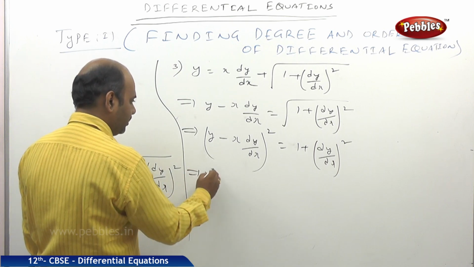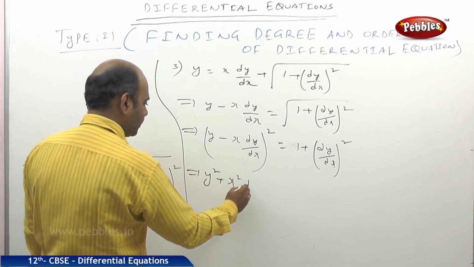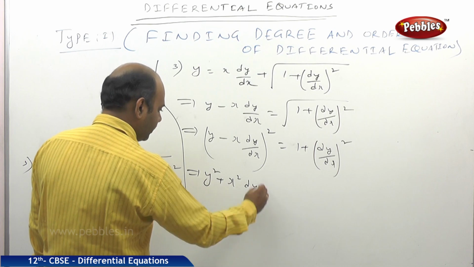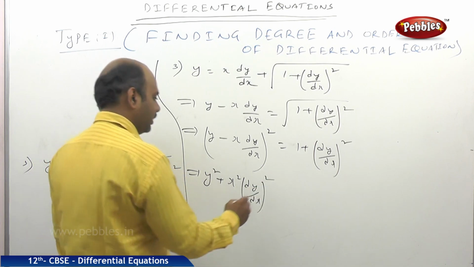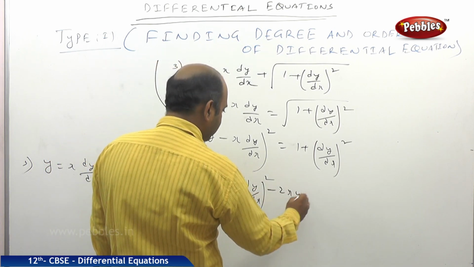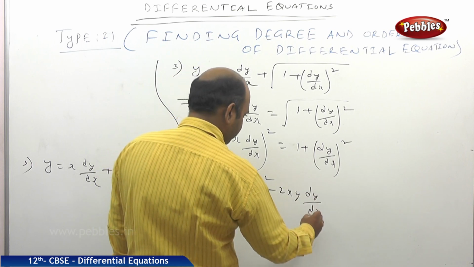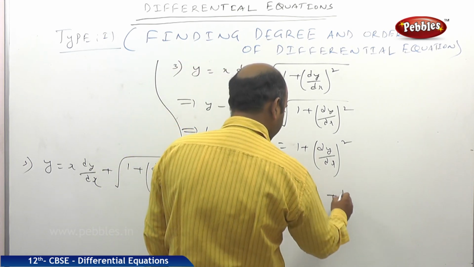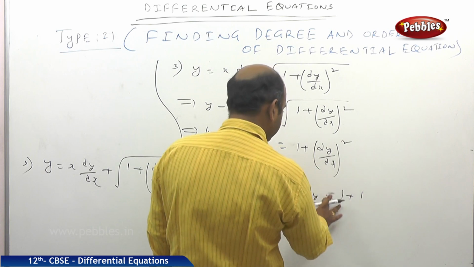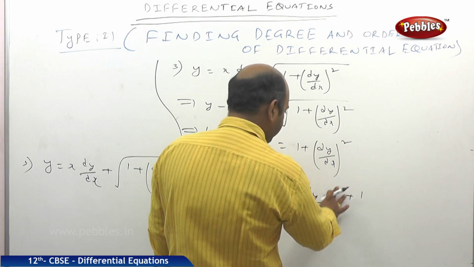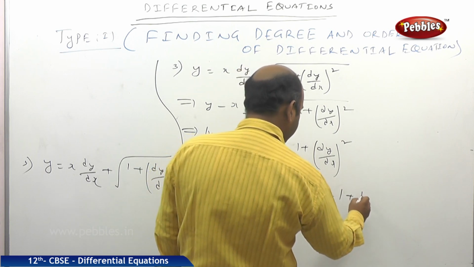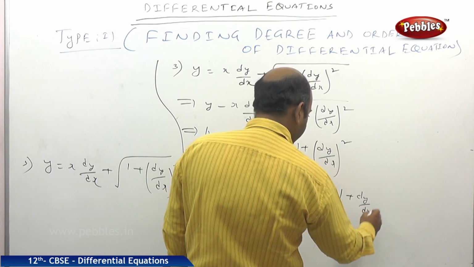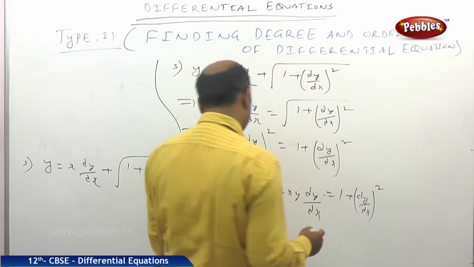That implies y square plus x square (dy by dx) whole square minus 2xy dy by dx is equal to 1 plus (dy by dx) whole square.